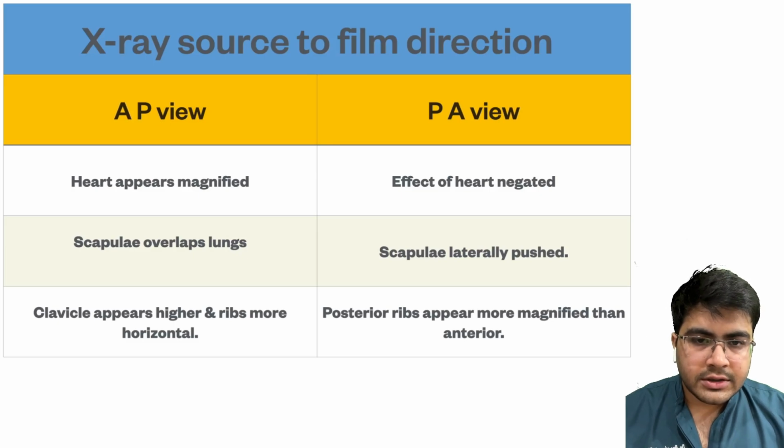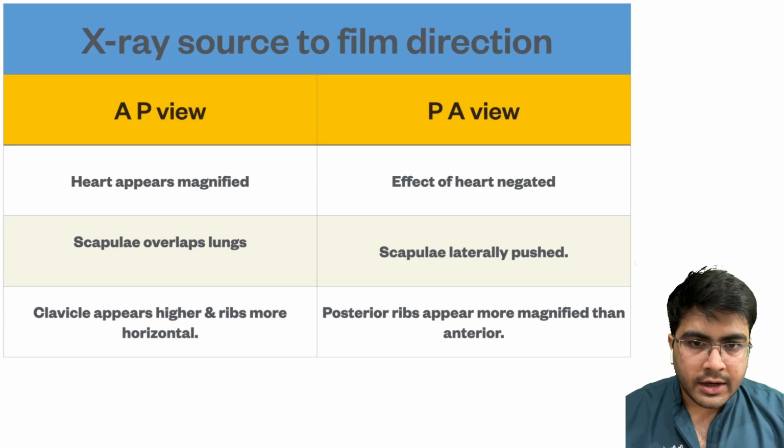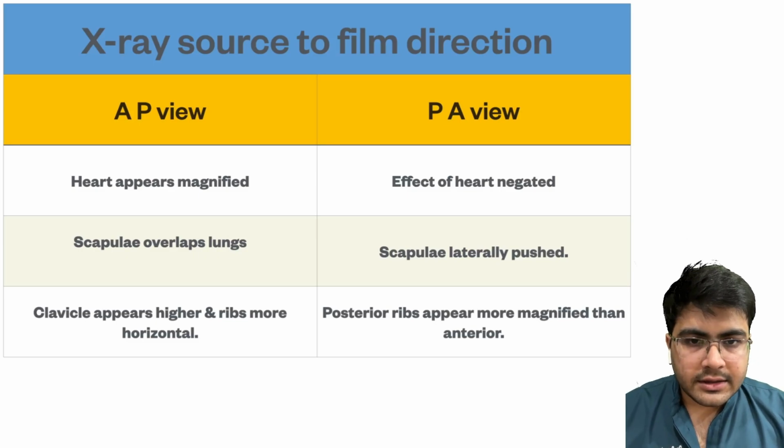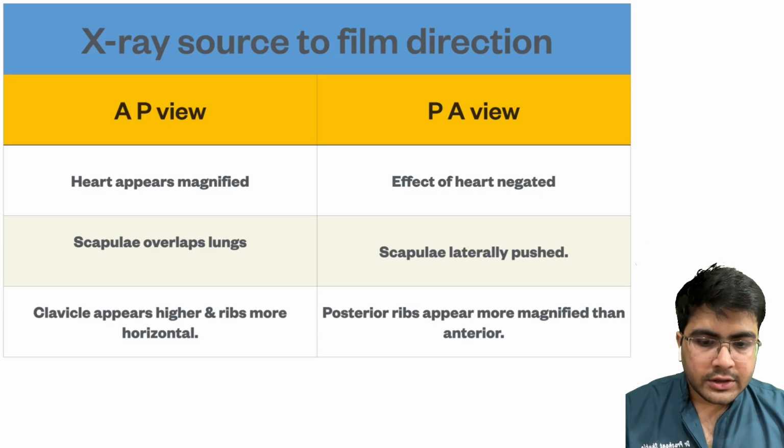Depending on the direction the x-ray travels from the source to reaching the film, we call it either a PA view, that is the posterior anterior view, or the AP view, that is the anterior posterior view. There are different characteristics of both these views. In the AP view, the heart appears magnified.